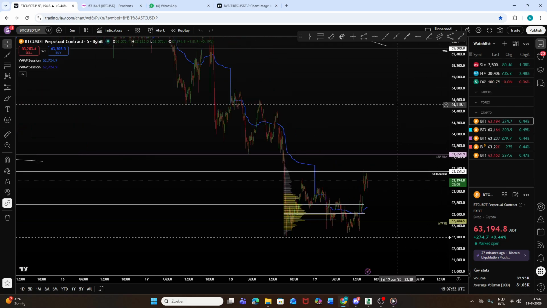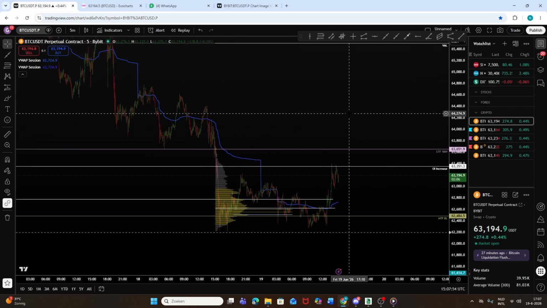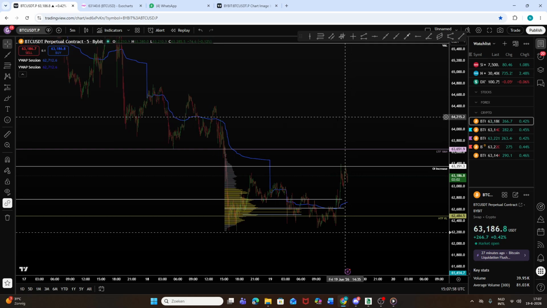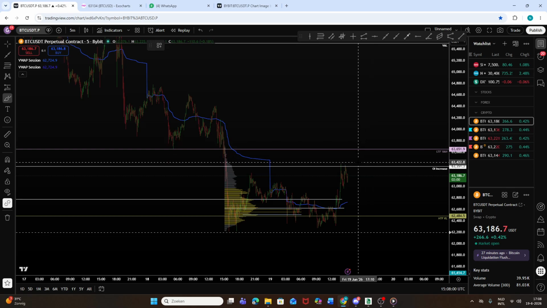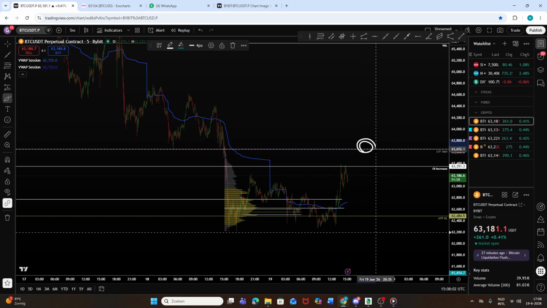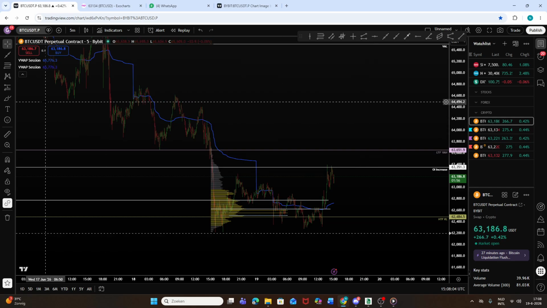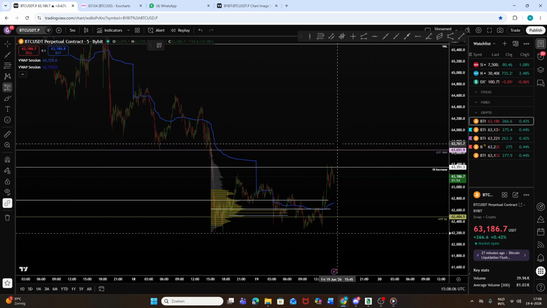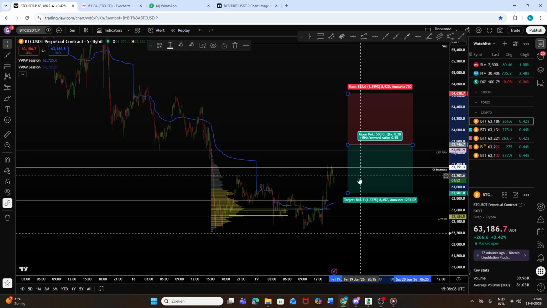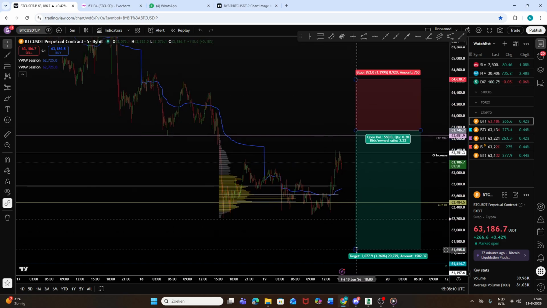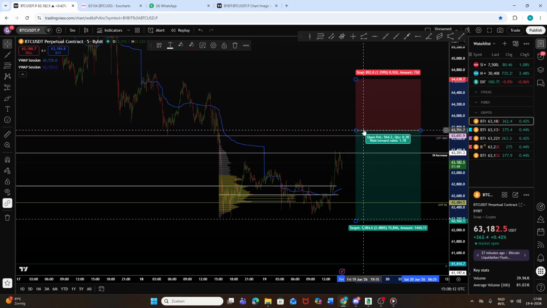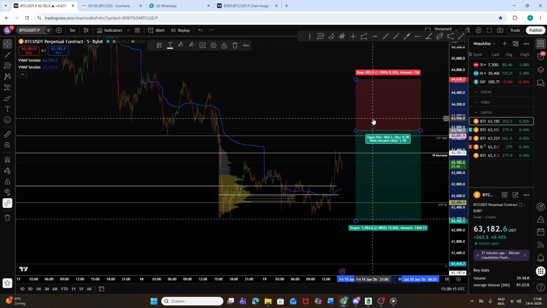And right now I'm currently looking for a scalp short right here. I think my approach will be just this, and a stop loss here, and then just trade this to a low. I will do this if the reaction is nice.